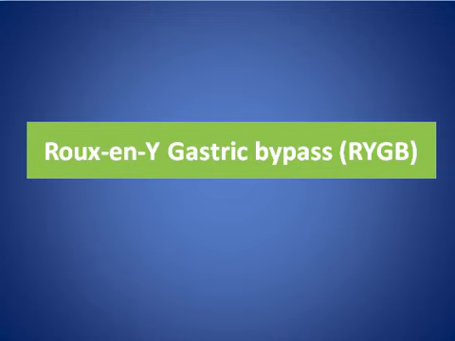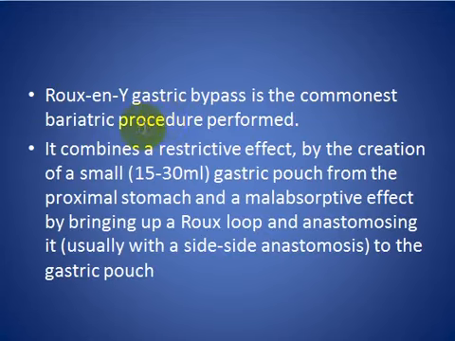Roux-en-Y gastric bypass is the commonest bariatric procedure performed. It combines the restrictive effect, by creation of a small 15 to 30 ml gastric pouch from the proximal stomach, and the malabsorptive effect, by bringing up a Roux limb and anastomosing it, usually side-to-side, to the gastric pouch.